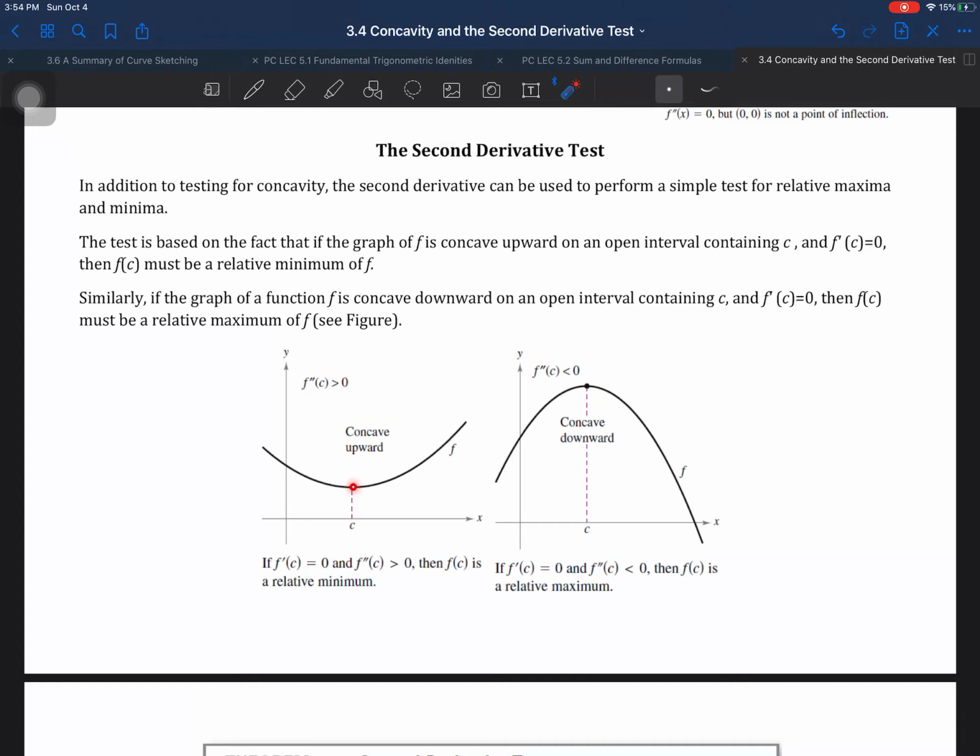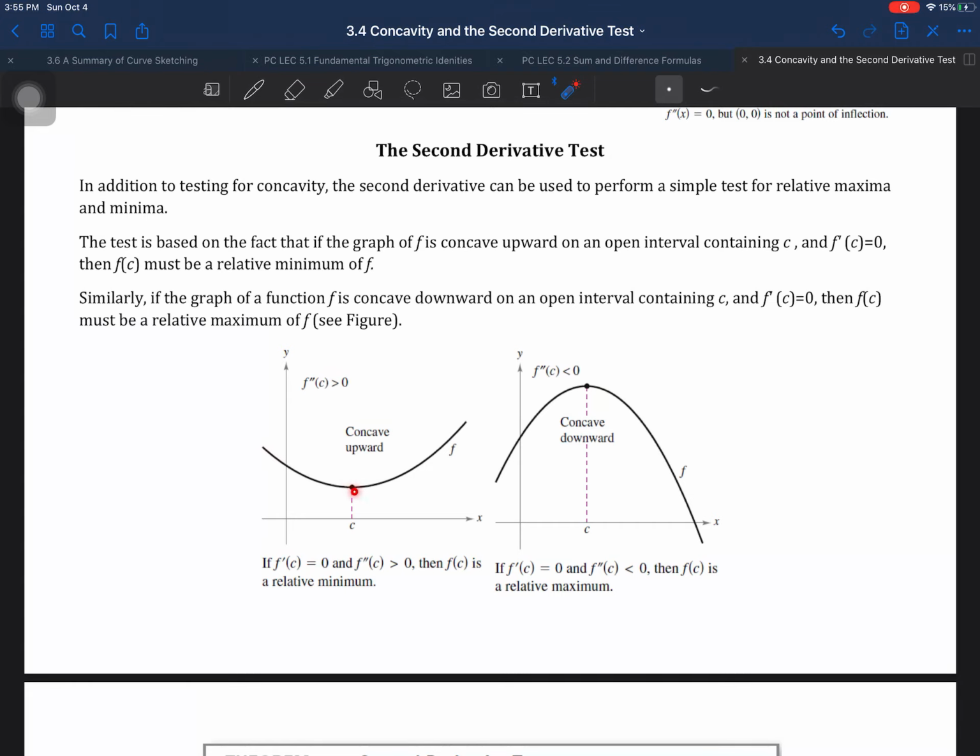Let's pretend that you know that, but you don't know which one it is. What if I gave you that, in addition to being a critical number, it's located where the graph is concave up? Well, if it's concave up, then this is part of the behavior of the graph where it looks like a happy face.